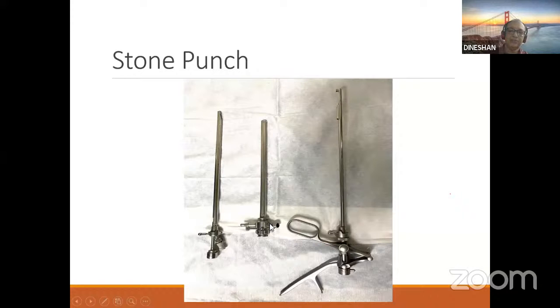You assemble it, and if there is any difficulty, you can pass a guide wire, or even a laser probe if you want to make small fragments, through this side channel also. So you pass this assembly with a 0-degree telescope, and once you are inside the bladder, you remove the visual operator and pass this assembly and the scope assembly.